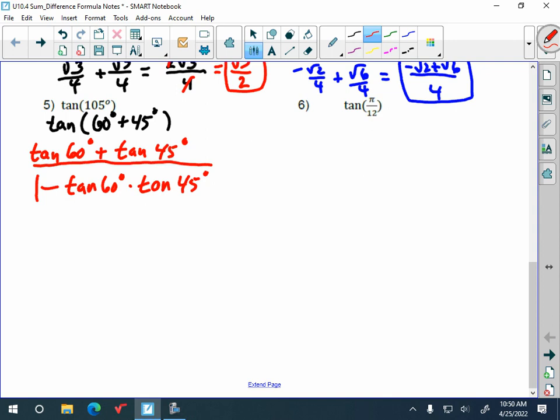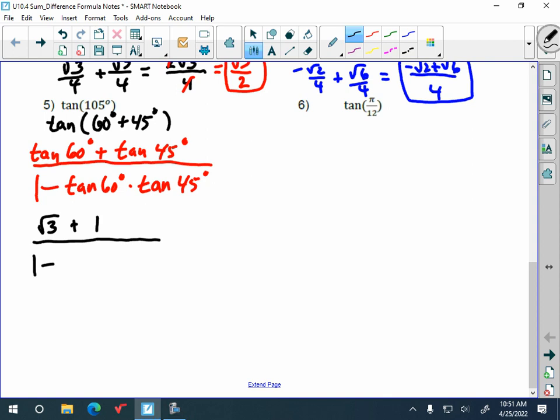All right, so now we're going to simplify each one. This is where you need to know your tangent values on the unit circle. So what's tangent of 60? It's root 3. Plus tangent of 45, which is 1.